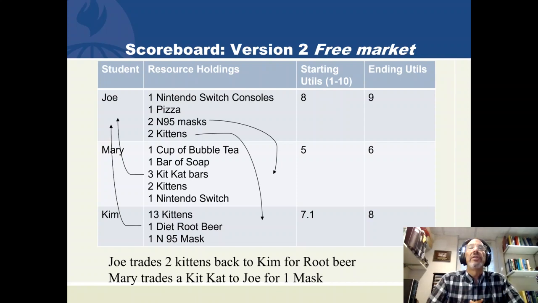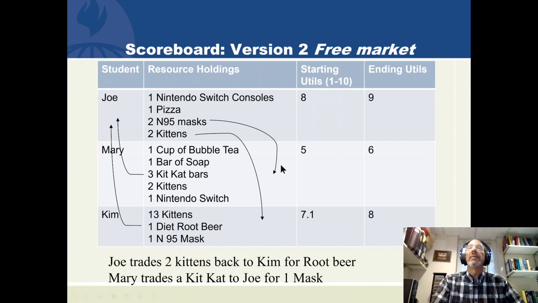And Joe is going to trade 2 kittens back to Kim for root beer. So he's going to send the kittens back and get the diet root beer. He's also going to get 1 Kit Kat bar from Mary, and give out 1 N95 mask to Mary. So that's all the trades they want to do at this point.